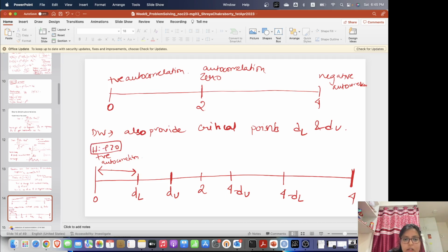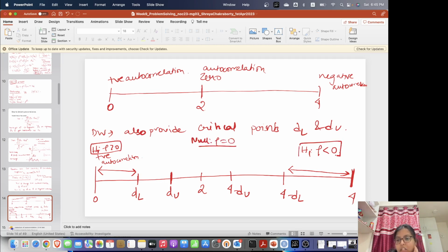Whereas if the statistic falls in this region, then we would support the hypothesis that rho is less than 0. This will be the alternate hypothesis, because my null is always rho equal to 0.